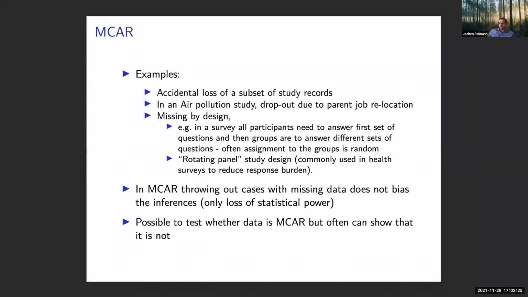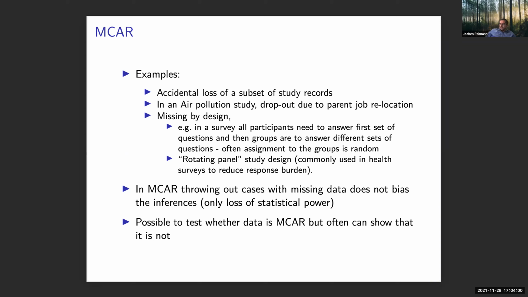So you don't know what unobserved factors could have led to this missing completely at random. There are always some problems that could come with missing data. Then it could be that in an air pollution study parents are relocating. Again, here you potentially also have unobserved factors, but for the sake of this class and the example, I think this is considered missing completely at random. So it's MCAR.